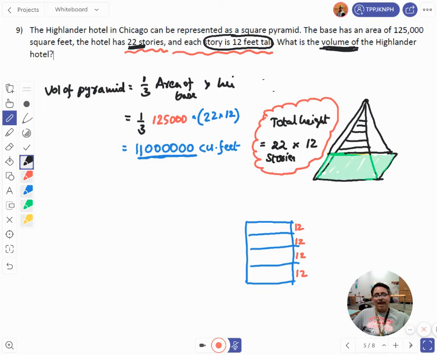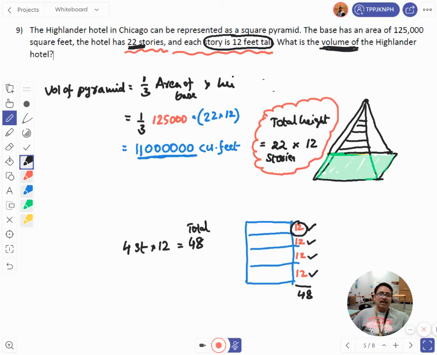You may add them like 12 plus 12, 24, 24 plus 12, 36, 36 plus 12, that gives me 48. This is one way of doing. Or else, I know that there are four stories and each story is 12 feet tall. Therefore, 4 times 12, that gives me 48. Right? So this is the total height.